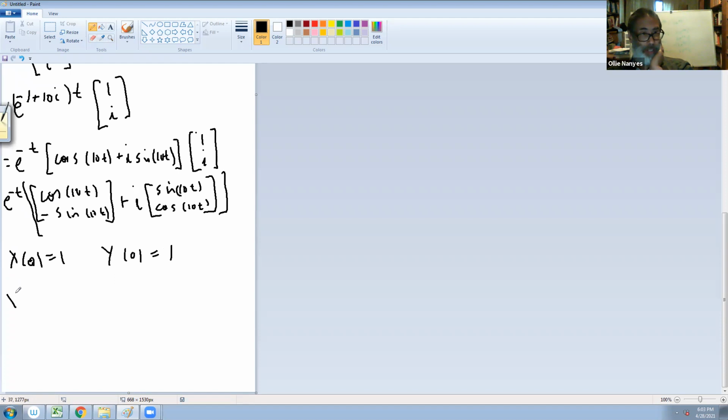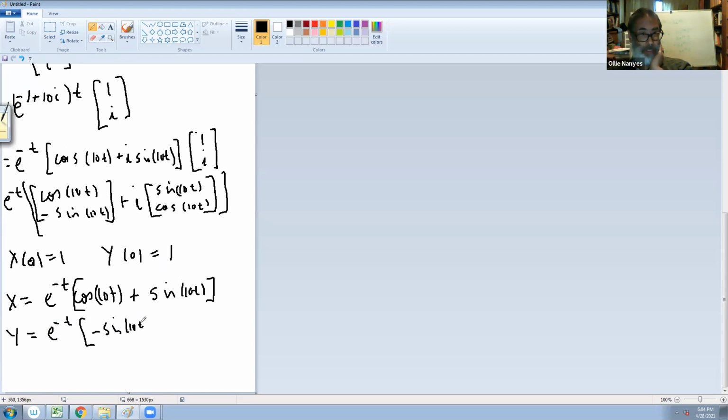Well, your x will be e to the minus t cosine 10t plus taking the complex part and your y will be minus sine 10t plus cosine of 10t.